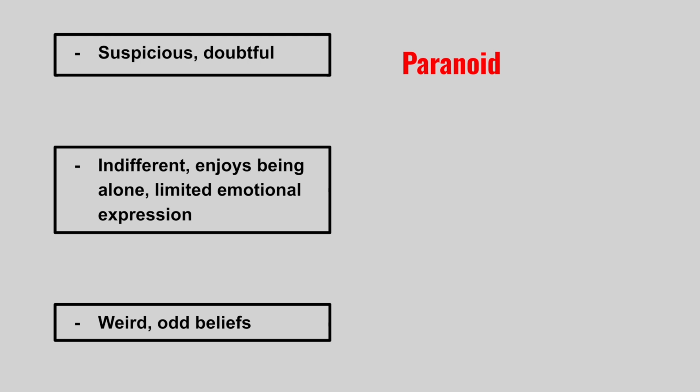Next, the patient's going to be indifferent, enjoys being alone, and has limited emotional expression. This is schizoid personality disorder. Next, the patient's going to be weird, have odd beliefs, magical thinking.